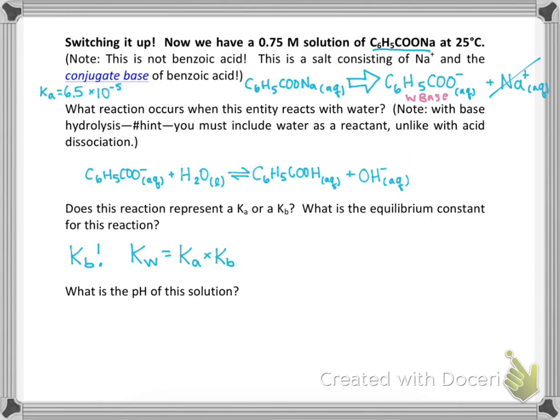At 25 degrees Celsius, Kw is 1 times 10 to the negative 14, and that will be equal to our Ka times Kb. With some simple division, we can figure out that Kb then is equal to 1.54 times 10 to the negative 10.